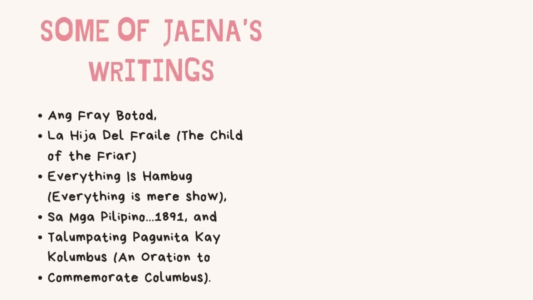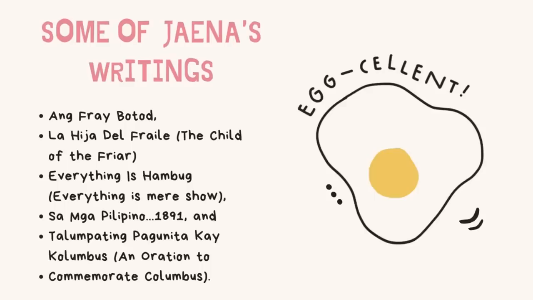And lastly, we have from the group Jaena, Ang Fray Botod, La Hija del Fraile or The Child of the Friar, Everything is Humbug or Everything is Mere Show, Sa Mga Filipino, 1891, and Talumpating Pagunita kay Columbus or An Oration to commemorate Columbus.